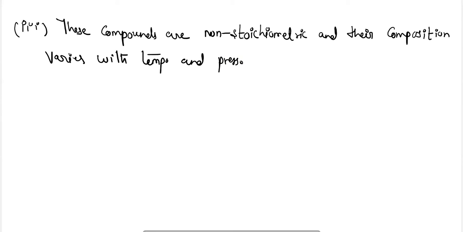Means on changing the temperature and pressure, the densities of these compounds will change. The compounds of titanium and zirconium generally have this kind of nature.